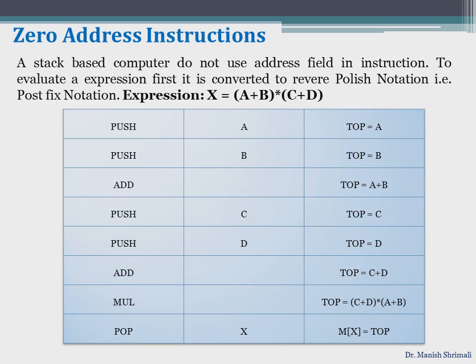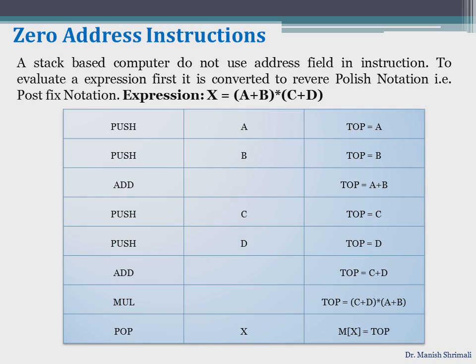Then we have to multiply these two. So our top is now pointing to C plus D, and earlier we had performed A plus B. Finally we do the pop operation, and the final result, the resultant X of our expression, is stored at the memory location pointed to by the top.